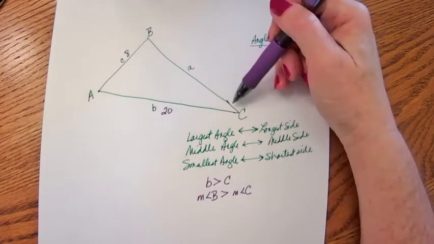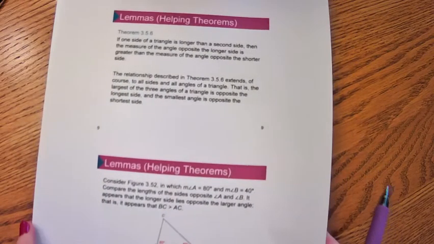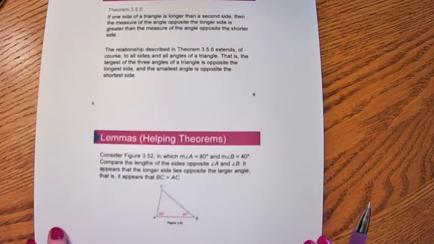The shorter side is opposite the smallest angle. So this is for all the sides of a triangle.